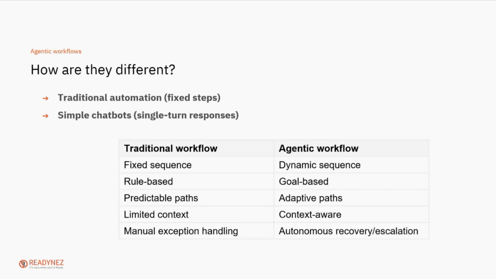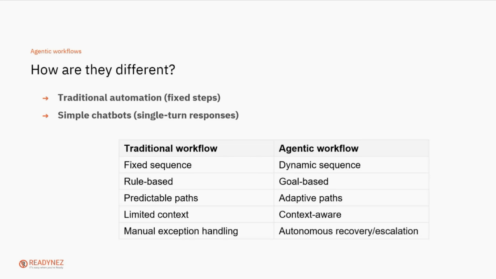One of the things I think about agentic workflow is that we're talking about business processes here rather than individual tasks. That's, I think, the difference in what we mean when talking about agentic workflow. We're talking about a workflow across a business process where we're using agents to do a lot of the work for us. So unlike traditional automation, agentic workflows can reason, adapt, and make decisions that are context aware.